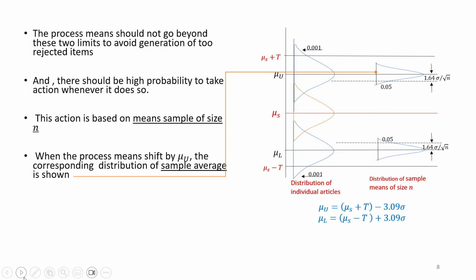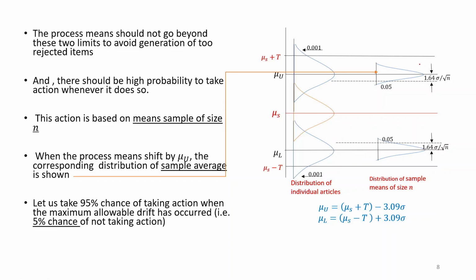So when the process mean shifts by lambda u, not mu u, the corresponding distribution of sample average is shown. These are the distribution of sample average.